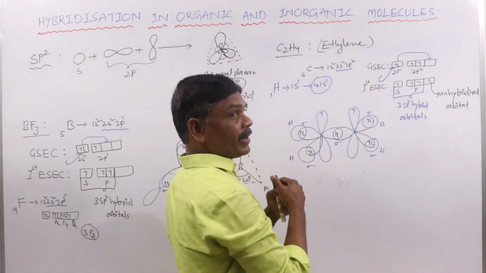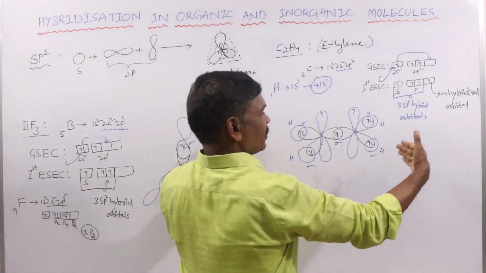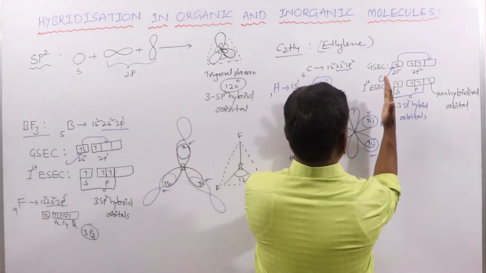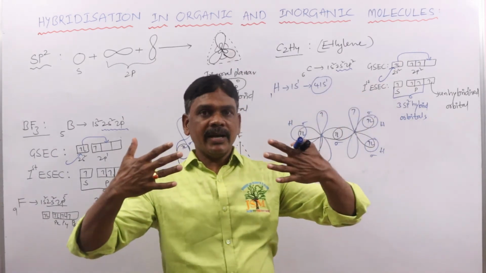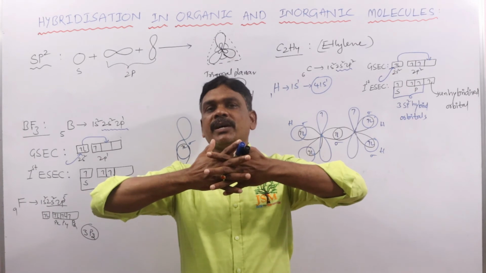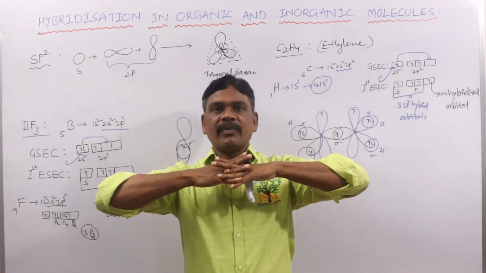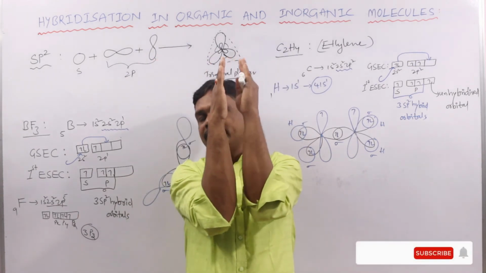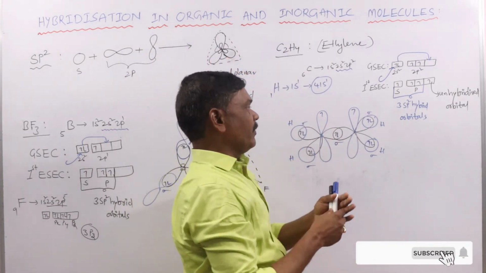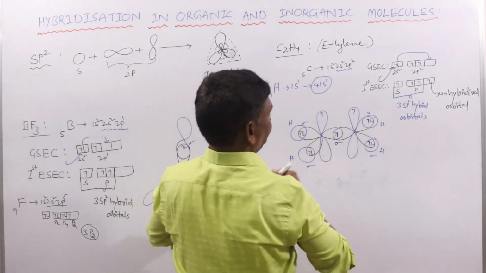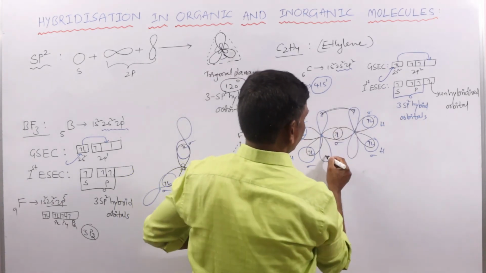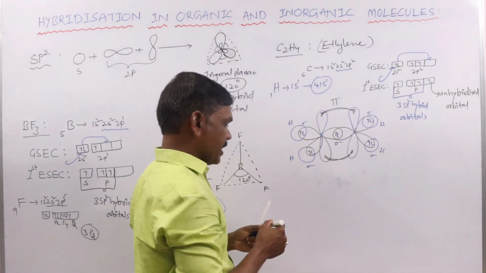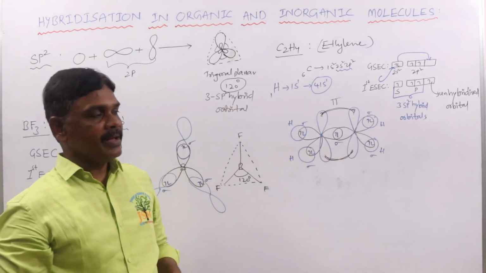Which overlapping is possible here? There is no chance of linear overlapping. Here there is a chance of lateral overlapping, that is, parallel or lateral overlapping. Due to parallel or lateral overlapping, a pi bond is formed.